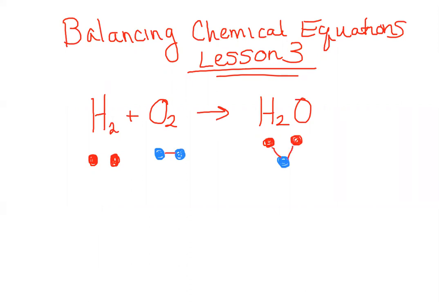Okay, we got 2 oxygens here, 2 hydrogens here, but over here we have 1 oxygen and 2 hydrogens, and this isn't balanced. You can see by looking at it right here that it's not the same. There are the same number of hydrogen atoms on both sides, but there aren't the same number of oxygen atoms. So somehow we have to balance this equation so that it is the same.